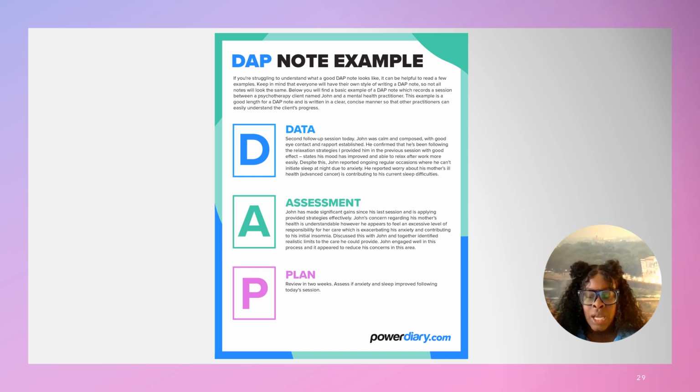Discuss this with John and together identify realistic limits to the care he could provide. John engaged well in this process, and it appeared to reduce his concerns in this area. Plan. Review in 2 weeks. Assess if anxiety and sleep improved following today's session.